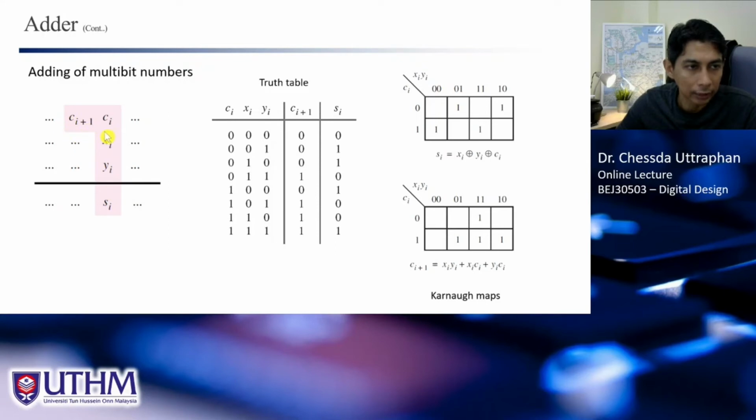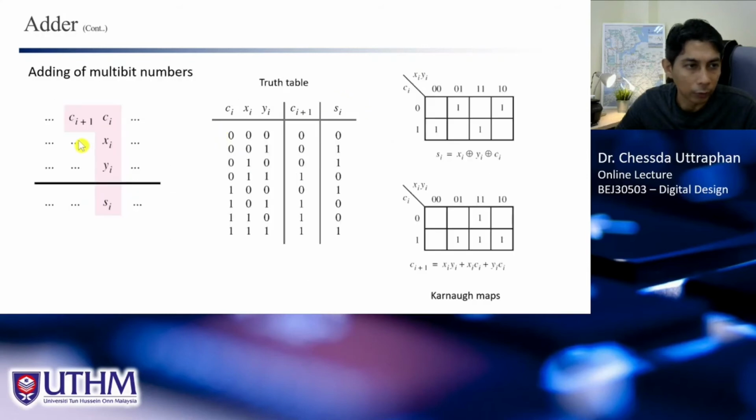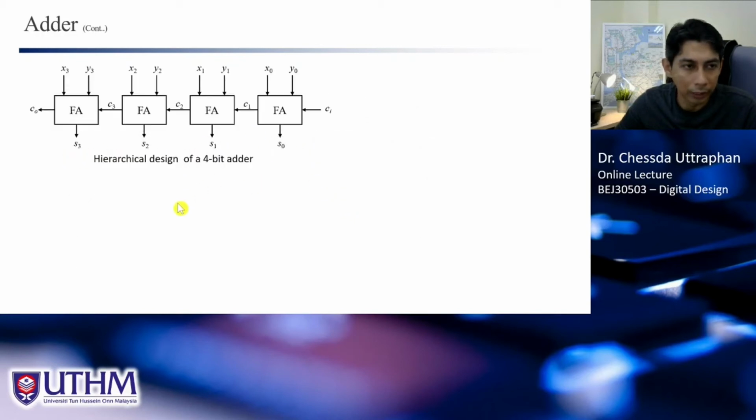If this is x0 y0, then this should be x1 y1, right? So we can have x1 y1, and this is C1, and we have S1, and we can connect to as many adders as we want.